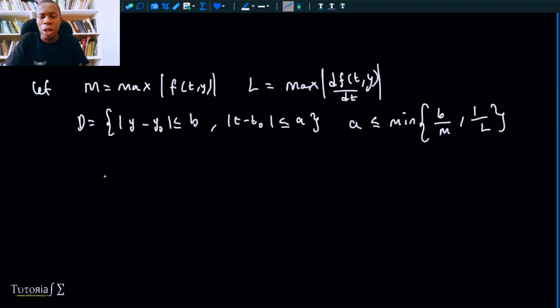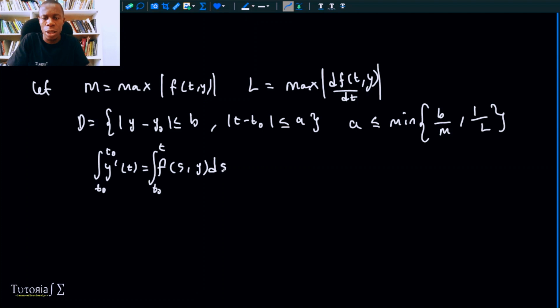So now we consider the initial value problem, y'(t) = f(t, y). All right, now for this one we can integrate both sides from t0 to t, and this side from t0 to t. So we'd have to change this to s, ds, something like that.